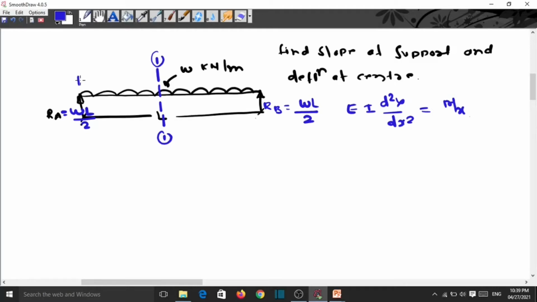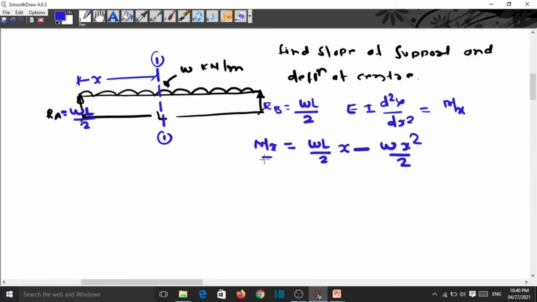If you consider x generally from the left side in Macaulay's method, now the bending moment equation Mx is equal to WL by 2 into x, then minus the UDL intensity W into x into x by 2, so W x square by 2.